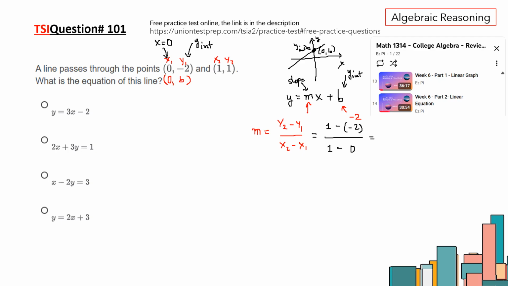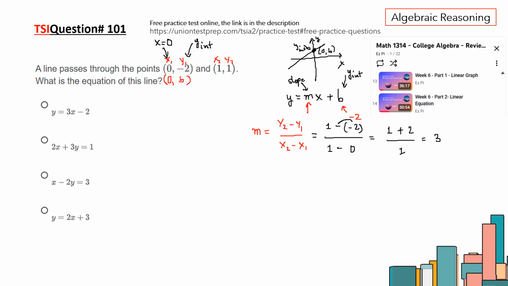Now simplify. You distribute the minus to open the parentheses, and you get 1 plus 2 over 1. 1 plus 2 is 3, over 1 is 3. So m is equal to 3.